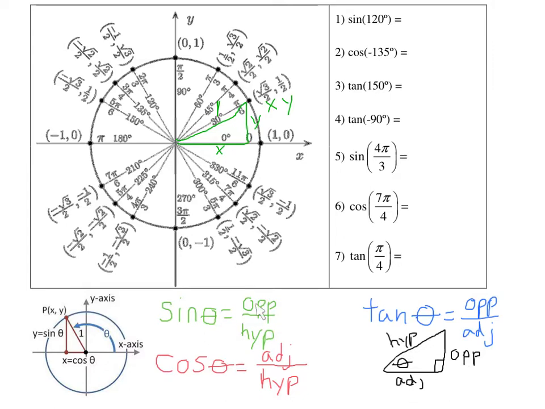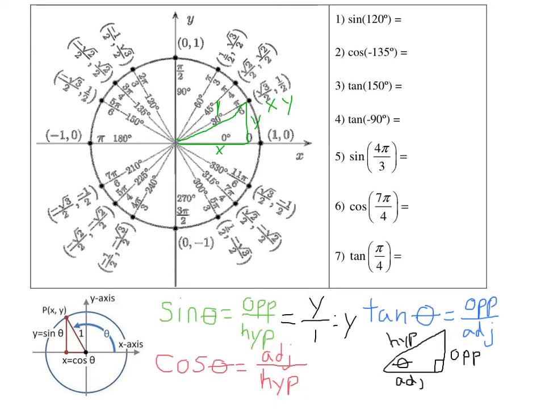So what is opposite over hypotenuse in terms of x's and y's? Well, opposite of this angle right here is y. Hypotenuse is 1. So what can we write this as? Hopefully you can see, I'm going to write it as opposite is y over 1. Or can I just write it as y?